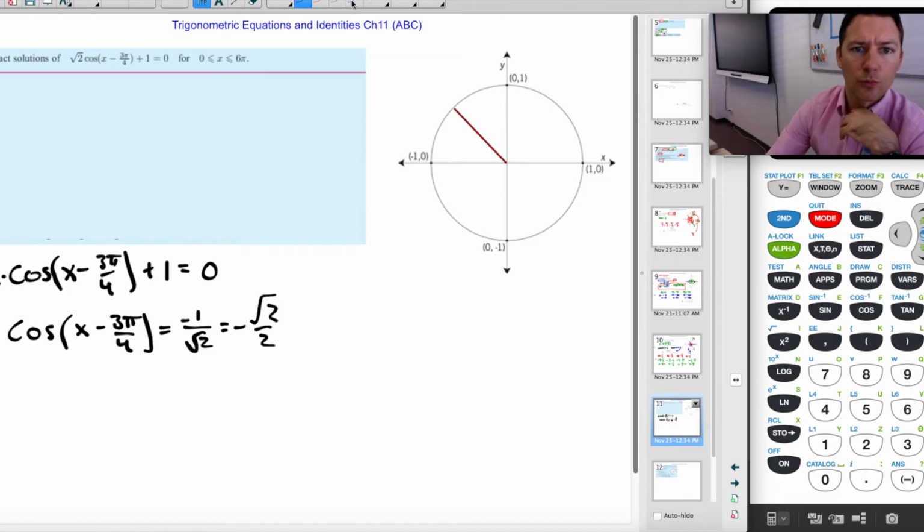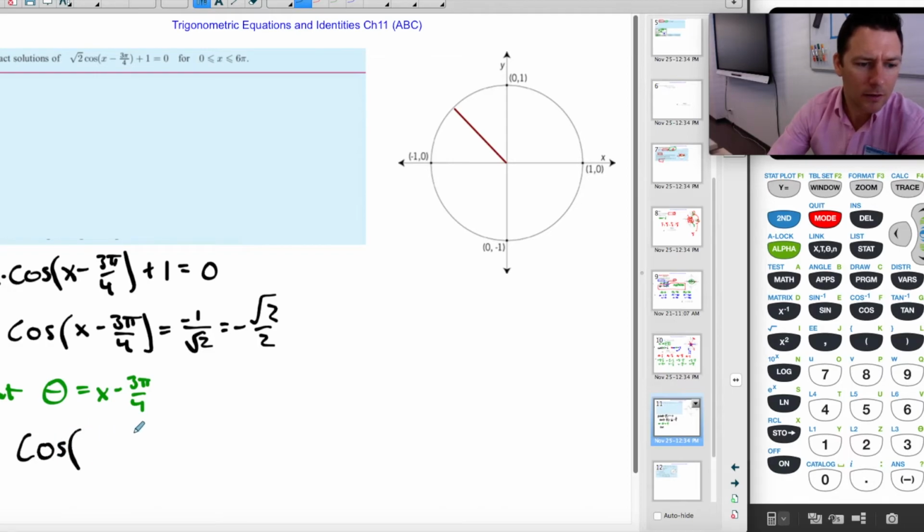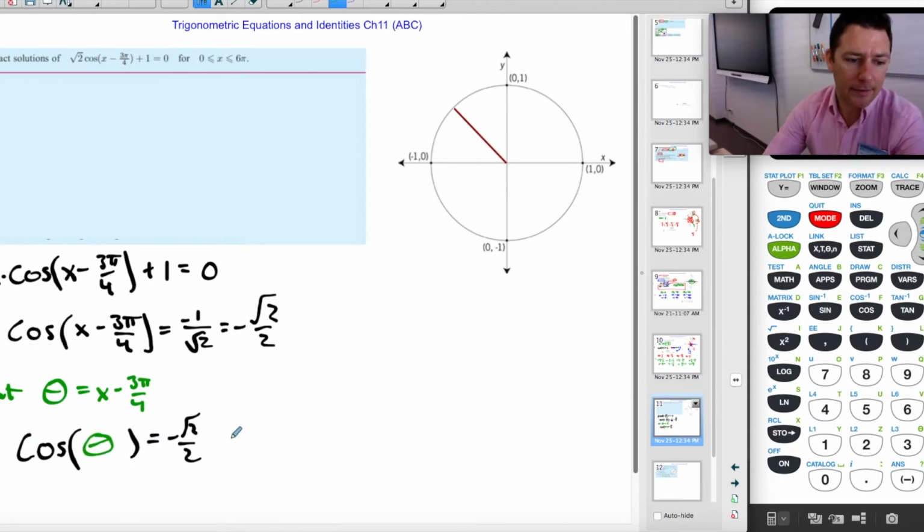So really, I don't want to see all this junk. Let theta for the time being equal x minus 3 pi fourths. And then we can simplify what we are seeing for now and let this be negative root 2 over 2. Okay, so there's theta. That I can do. I know that this happens when the cosine is negative root 2 over 2. That happens at the 45s.